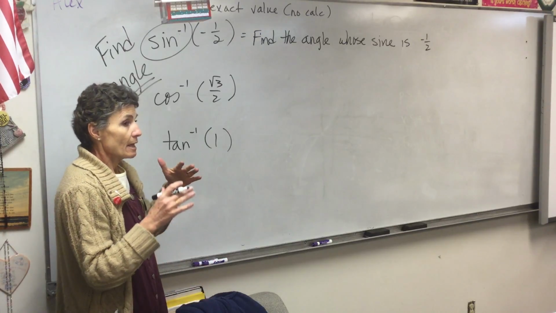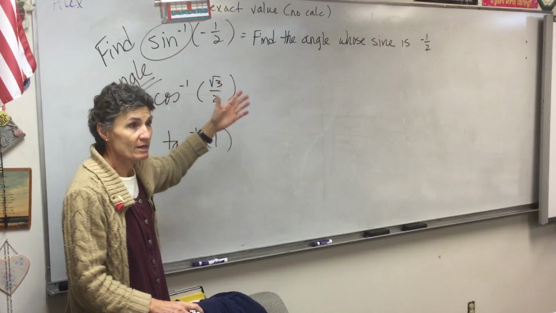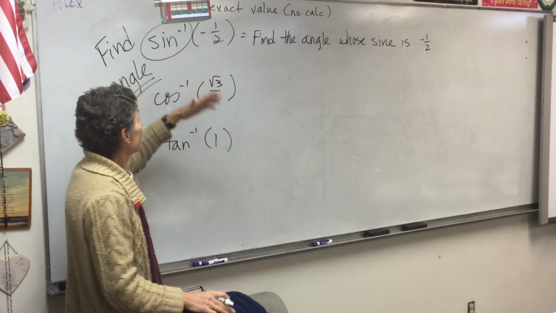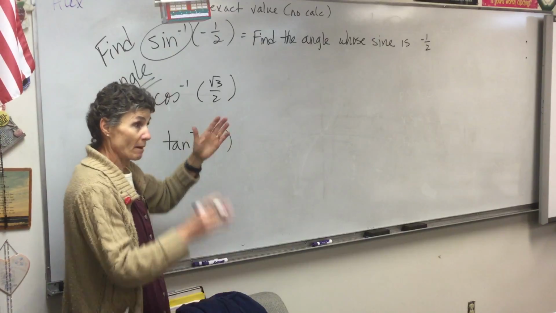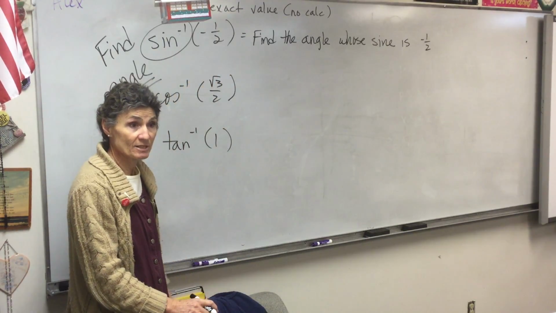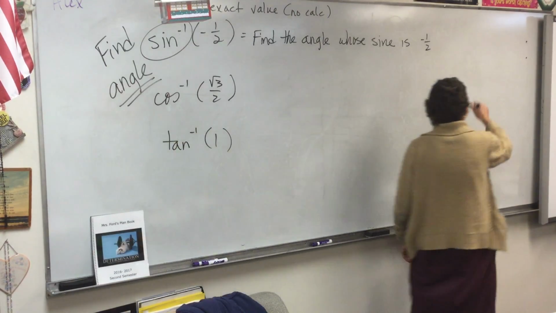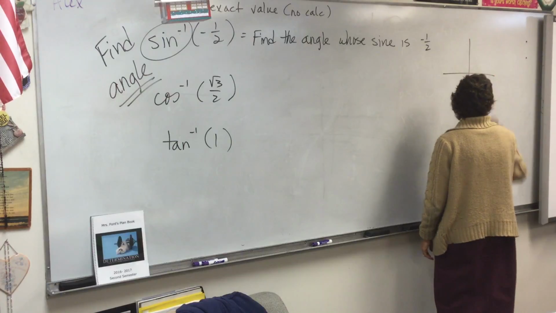Because actually, there are two angles. Well, actually, there are infinitely many. We'll talk about that in a minute. But in one revolution, part of my butterfly bow tie, there are two angles that have a negative sine. Think about it. Sine is which letter, X or Y?